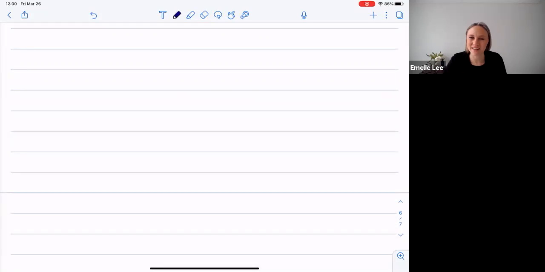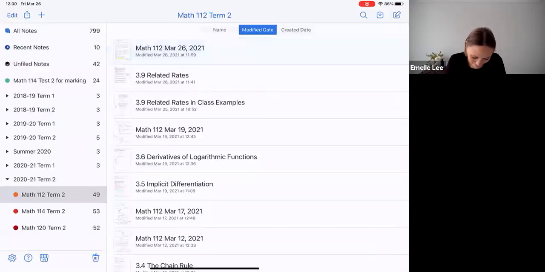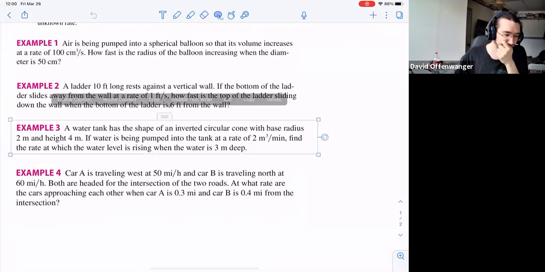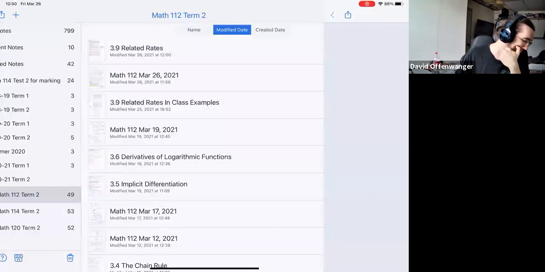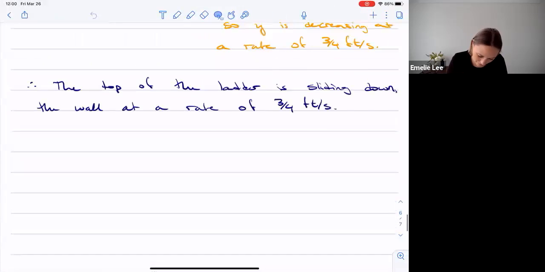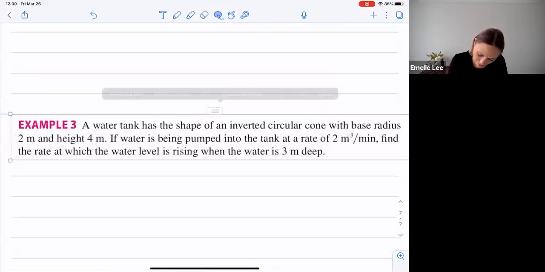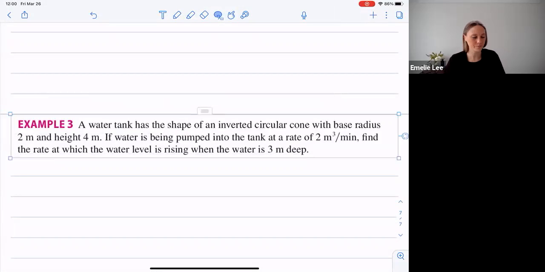Okay, next question then. More the kind of thing you don't want to lose a grip on. Yeah, so here we go. I'll put them on their own pages here. Okay, so here we have the classic inverted circular cone.